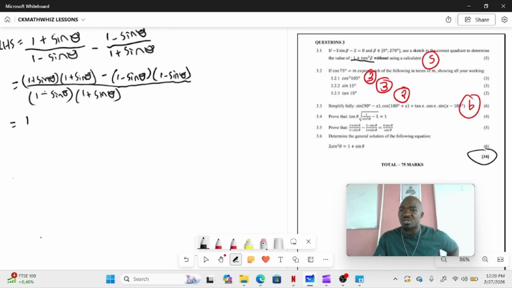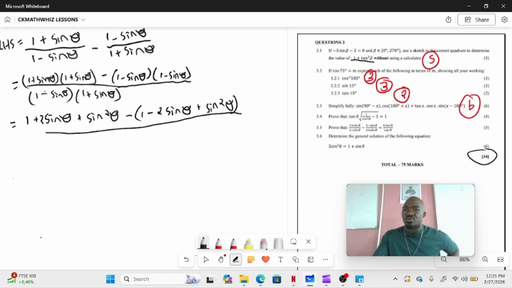1 times 1, we get 1 plus sine theta. Let me just say 2 sine theta plus sine squared theta minus 1 times 1 is 1 minus 2 sine theta plus sine squared theta.